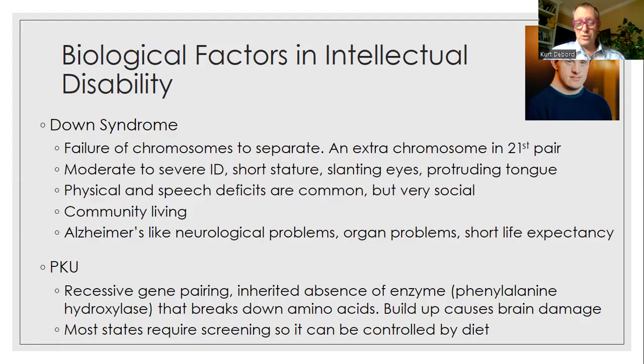Fortunately, this is a disorder that can be screened for at birth, and then diet is used to treat it. So you avoid anything that has the type of amino acids that they lack the enzyme to break down. Most states require screening so that it can be controlled by diet.